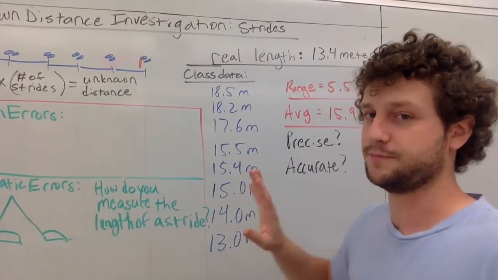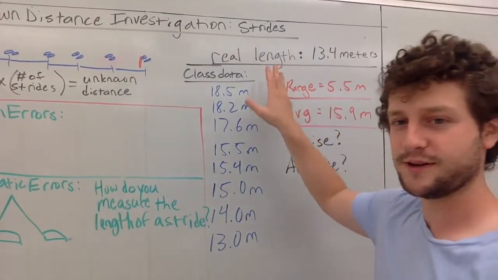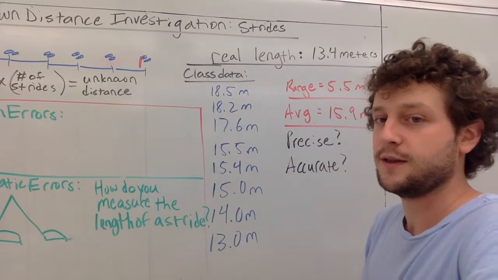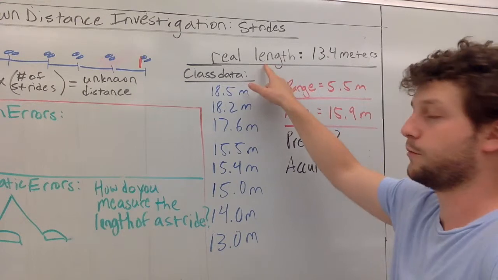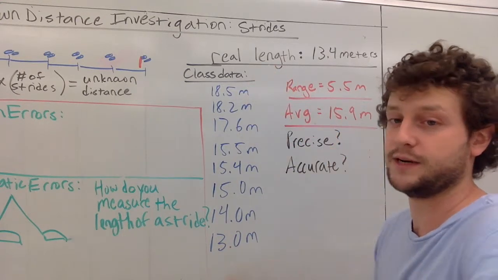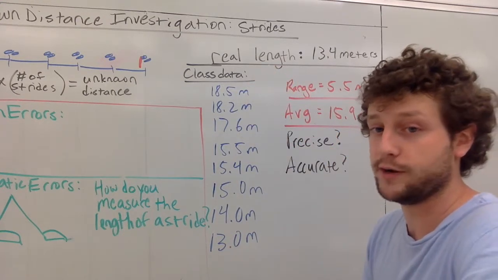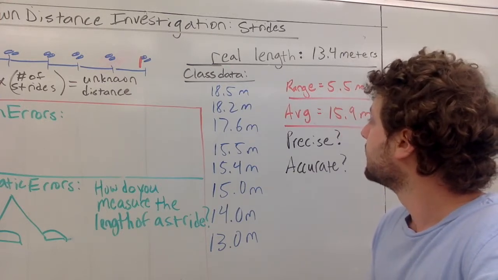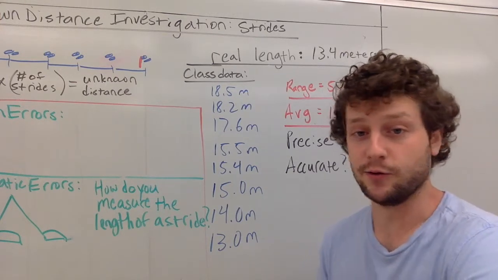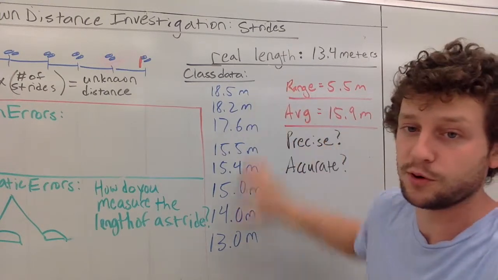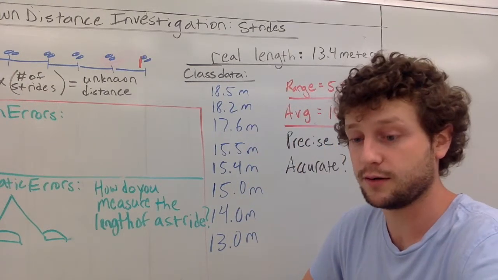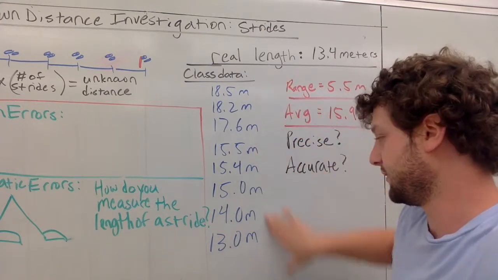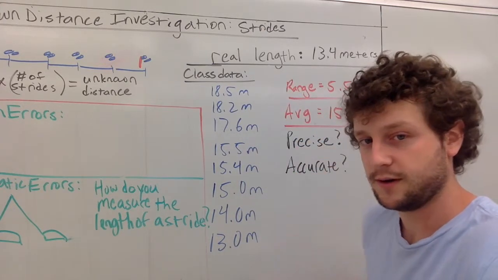I'm not there, so I didn't know exactly how far the chalk marks were apart, but let's just say in this video that they were really 13.4 meters apart, right? And you worked in 8 groups. You put all your data on a Google Doc, all right? And those 8 groups, say, got something like this, okay?